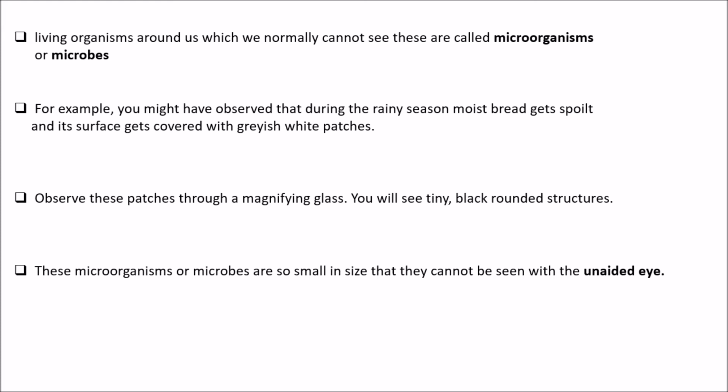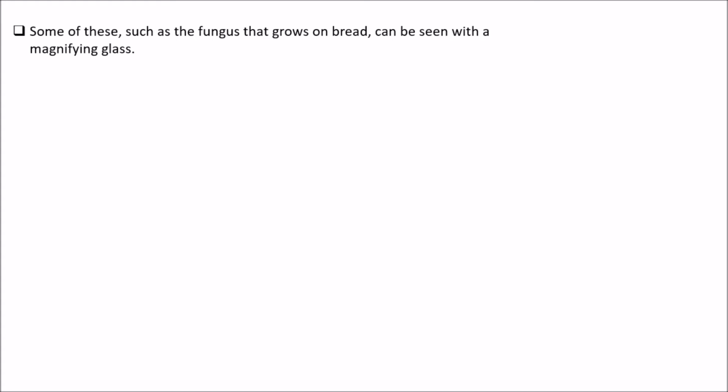These microorganisms or microbes are so small in size that they cannot be seen with the unaided eye. Some of these, such as the fungus that grows on bread, can be seen with a magnifying glass, and others cannot be seen without the help of a microscope.